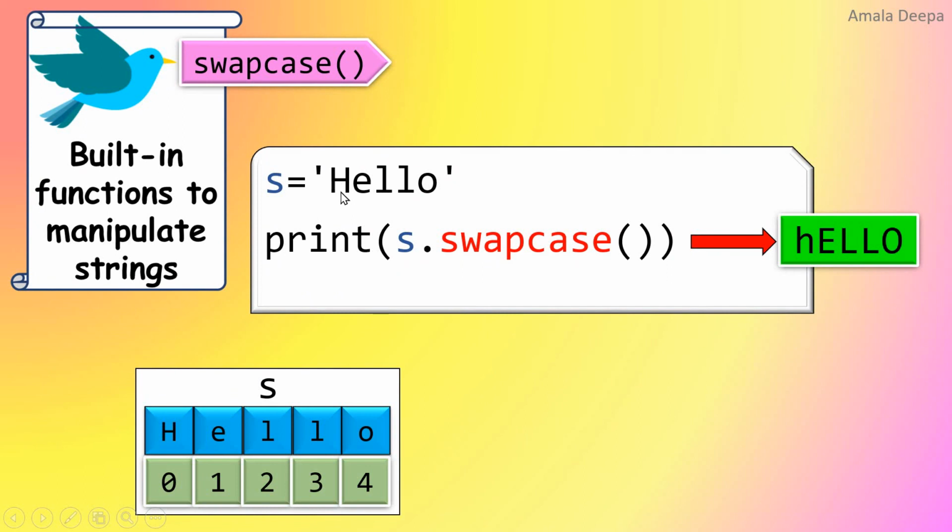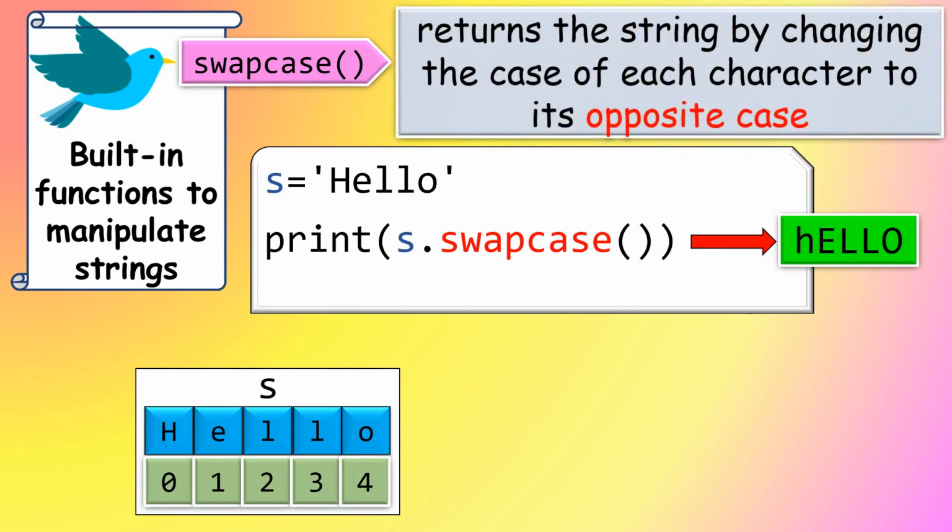Here S has H in uppercase. In the output H is in lowercase. And ELLO are in lowercase here, and in the output ELLO are in uppercase. The swapcase function returns the string by changing the case of each character to its opposite case.